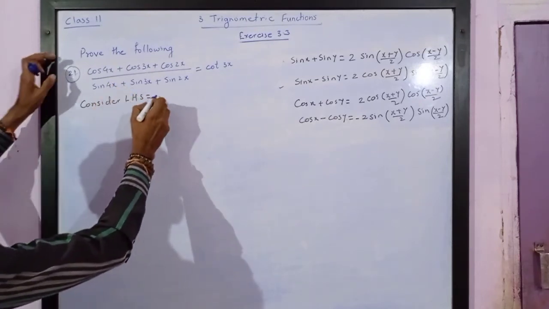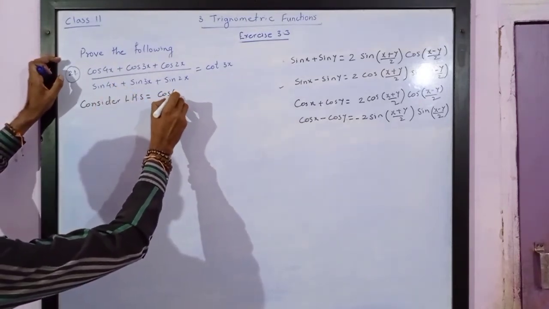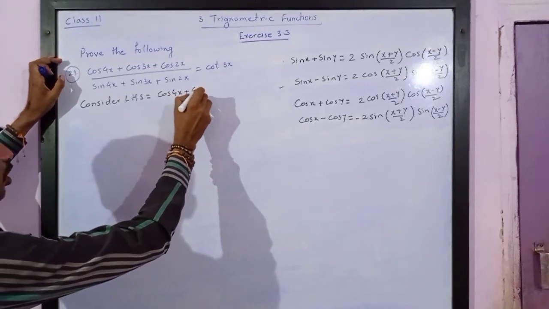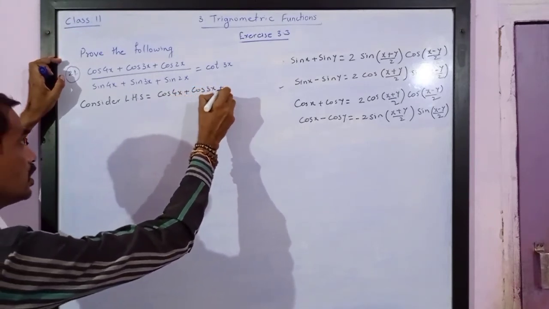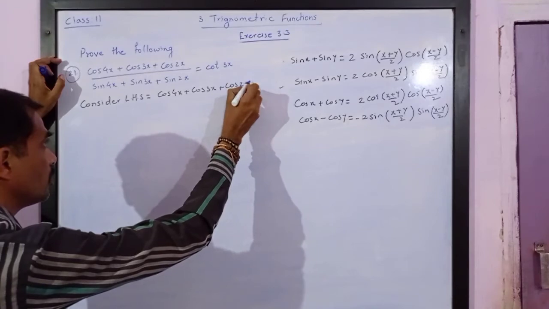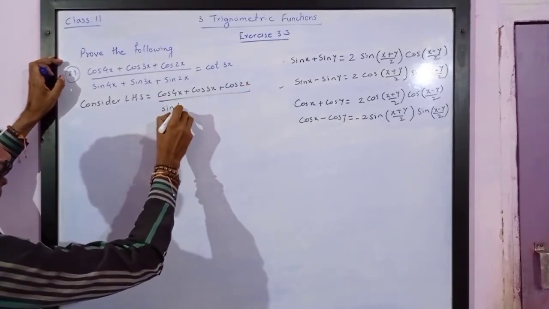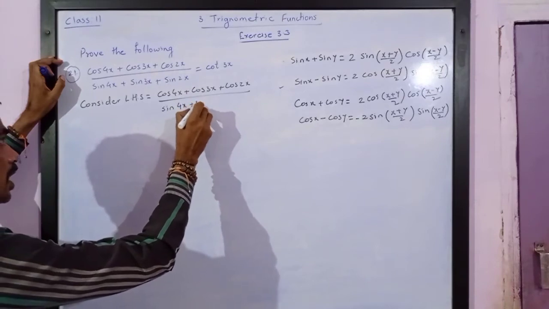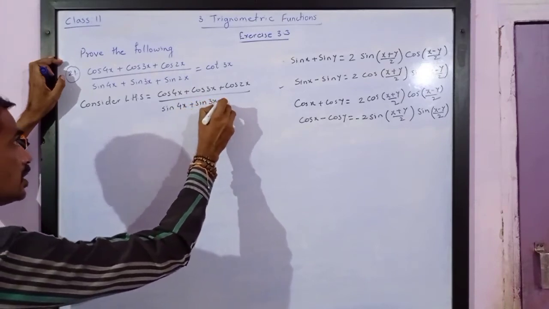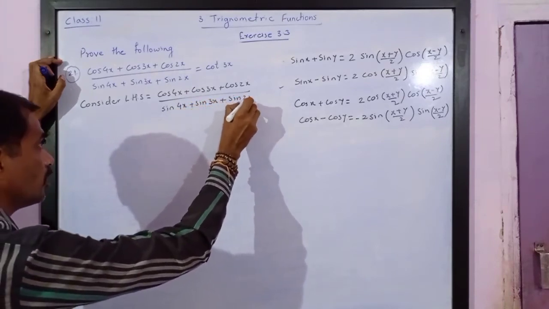Now LHS is equal to cos of 4x plus cos of 3x plus cos of 2x upon sin of 4x plus sin of 3x plus sin of 2x.